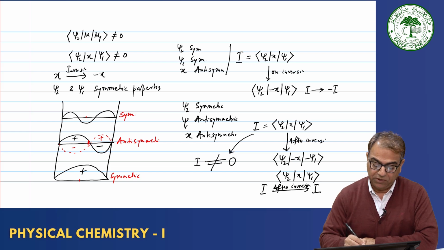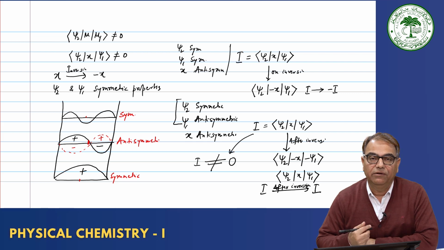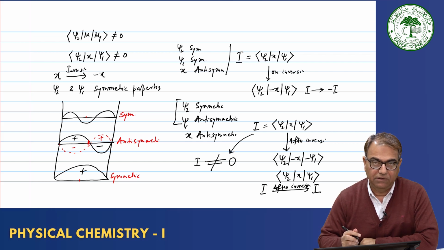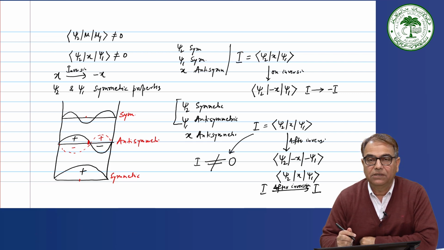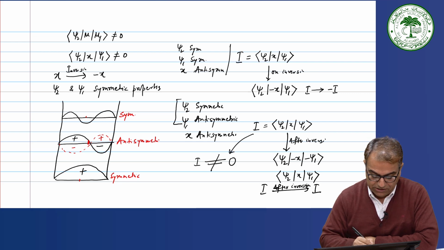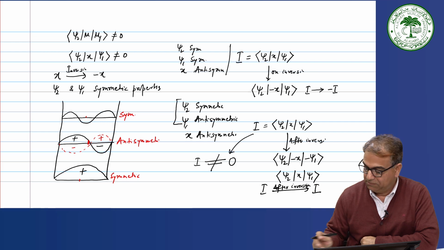So the transition is possible between two levels only when one of the levels is symmetric and the other level is antisymmetric, okay. Because only then the transition moment integral is not equal to 0. That is the condition. And what does it mean? It means what kind of transition is possible?